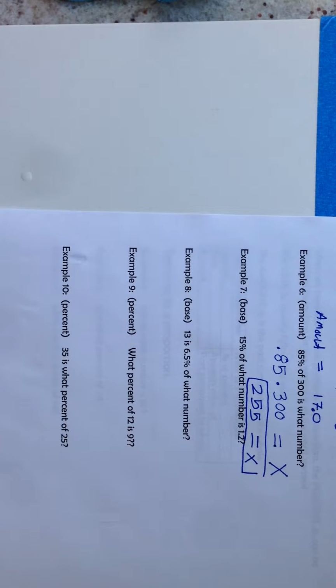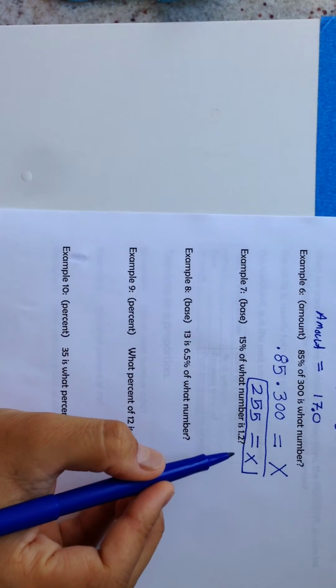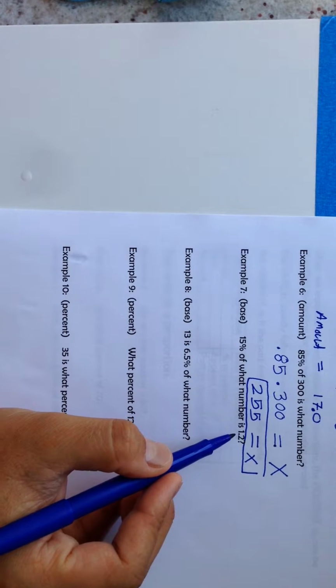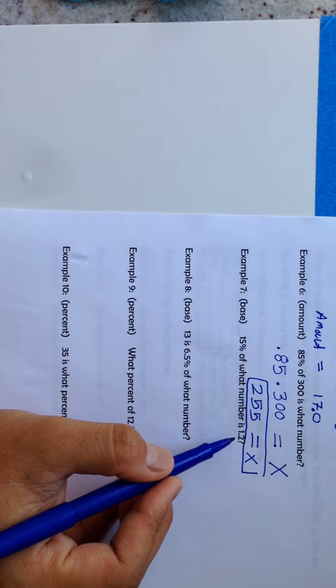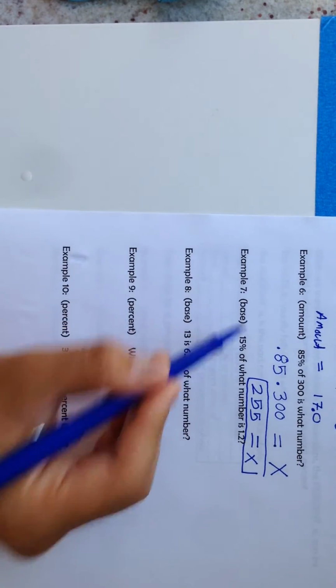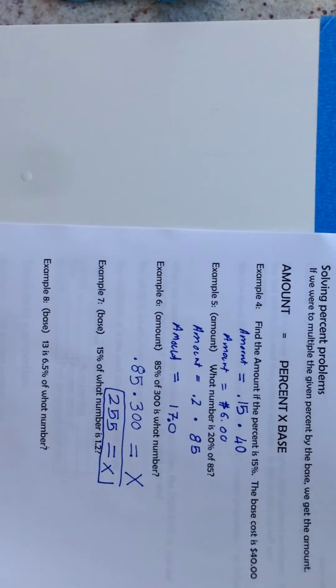All right. Now problem 7 and 8 is a little bit different. Problem 7 and 8 says that if you know the amount, and the amount is usually how much you would have saved, what is the original cost? Because base is the original cost, right?